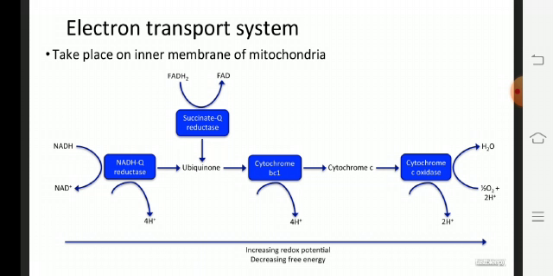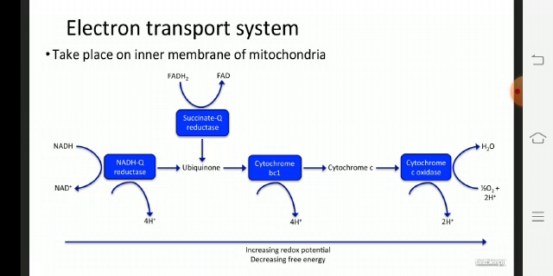The end product is water, and an extra energy is utilized during the synthesis of ATP from ADP and inorganic phosphate. That results in 3 ATP molecules being produced. FADH2 yields 2 ATP molecules, and another one is followed by 3 ATP molecules.